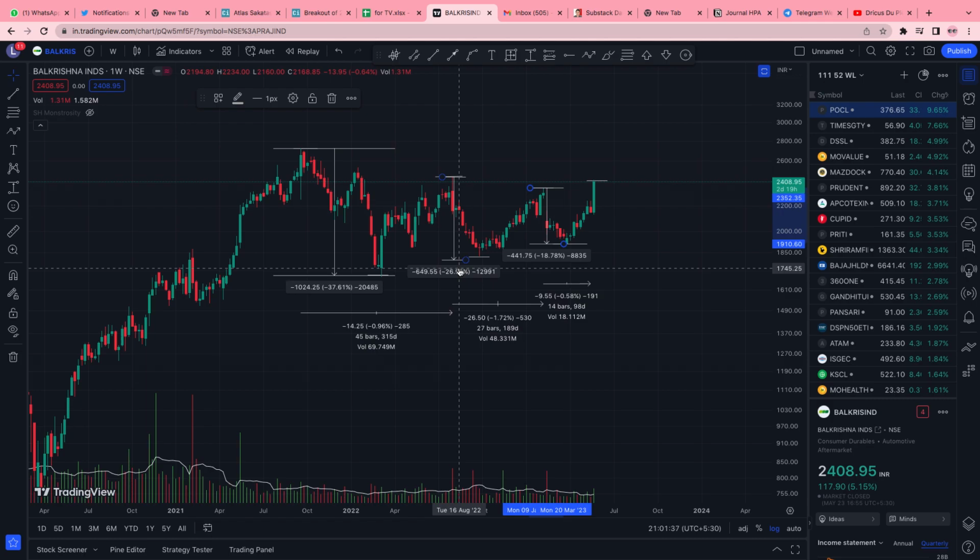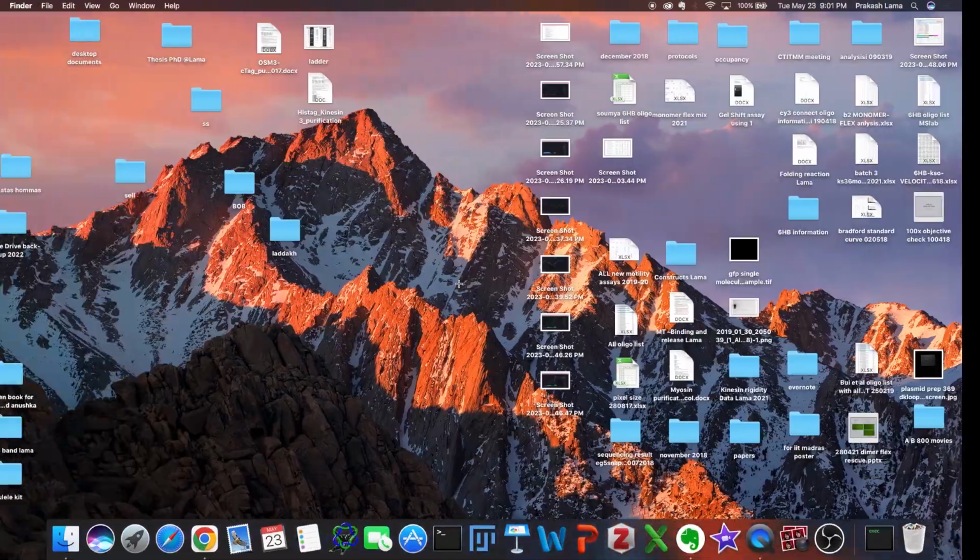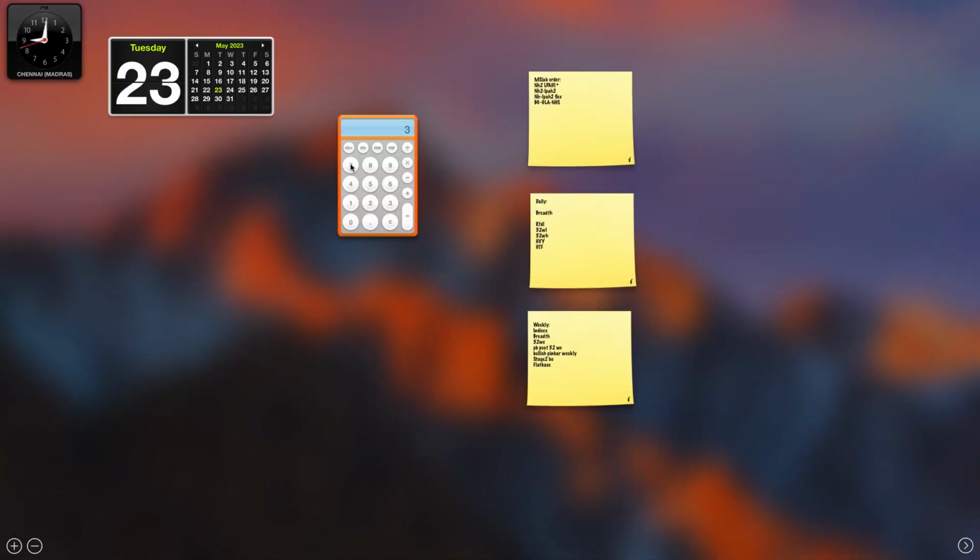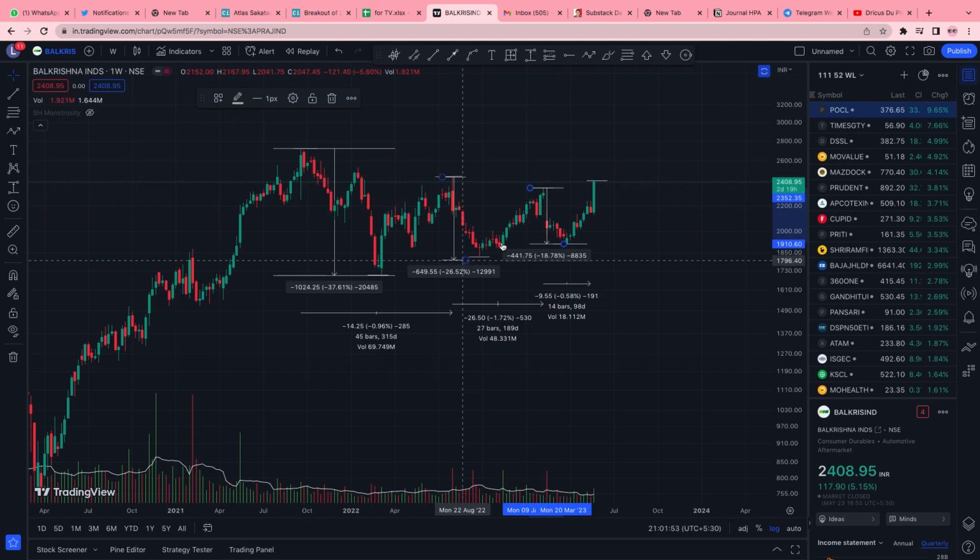So it would be 37 minus 26, divided by 37. So almost 29. Then from here to here you see minus 26 to minus 18.